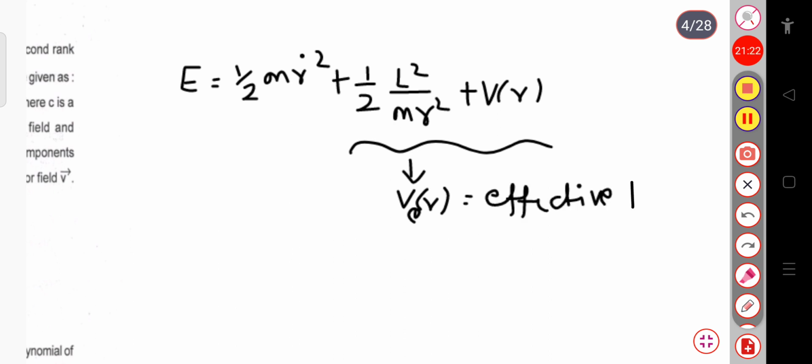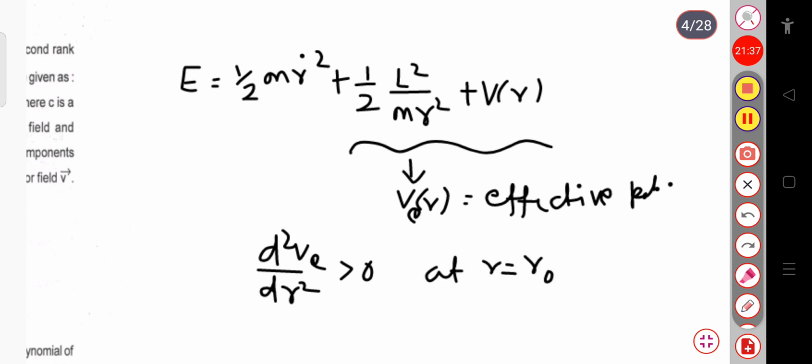The condition for the stability in radial motion is that d square V effective divided by dr square should be greater than 0 at r equal to r naught. This is the basic condition to check for stability. Also note that E should be greater than or equal to V effective of r.